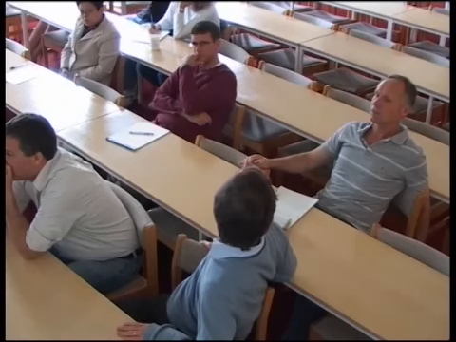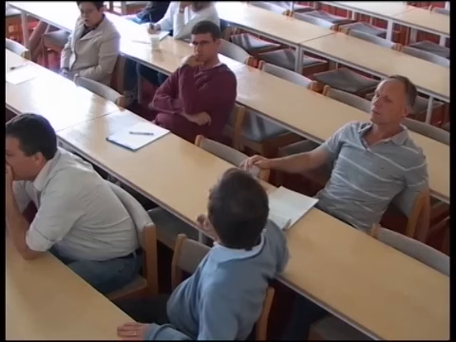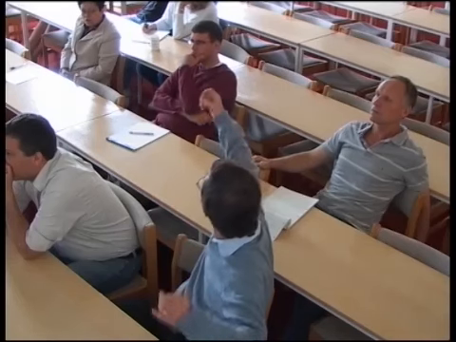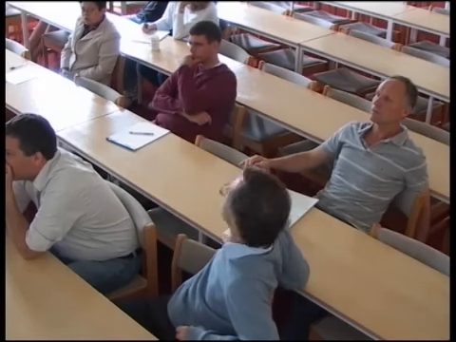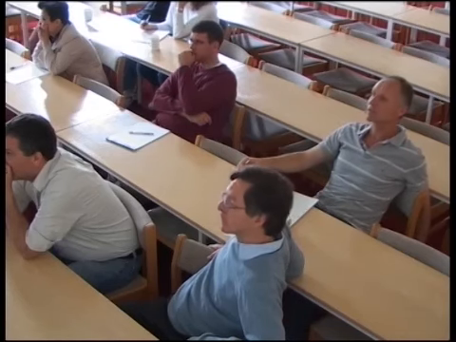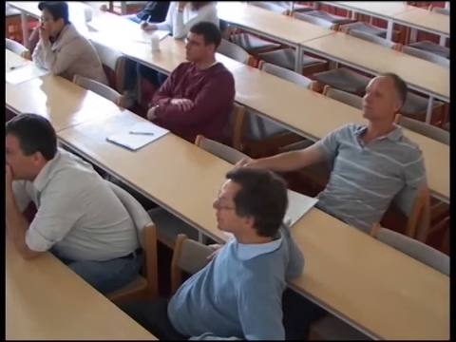You identify two of the old terminals and they become an internal vertex, and the other two of the old terminals become the new terminals. The blue one had this as a terminal and this as a terminal, and the red graph had this as its starting terminal and this as its finishing terminal, and we've now glued them together. You also define the new terminals. Yeah, that's what I meant. Okay, so you're always keeping track of the terminals.